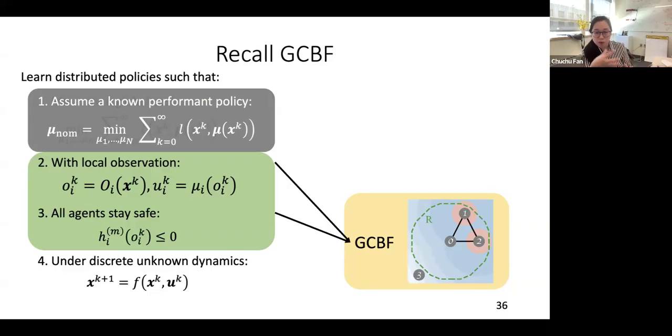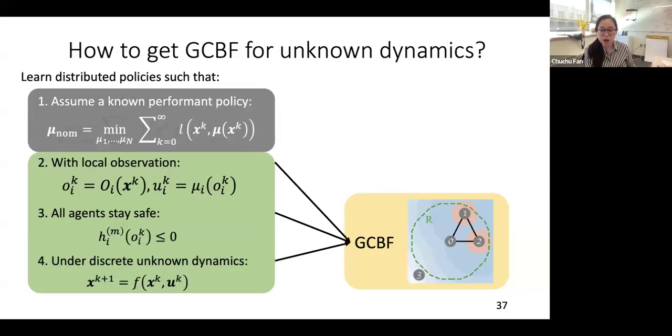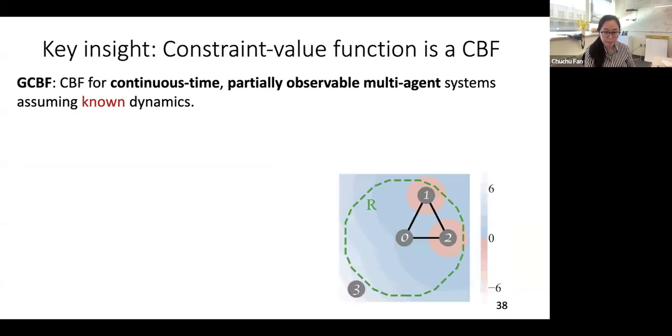GCBF would assume a known policy that is performing the task. It only guarantees safety and makes sure the policies are safe, but it cannot really help you solve the task. And GCBF assumes known dynamics. Now, I'm going to tell you how to extend GCBF to unknown dynamics. And that known performance policy will be given by RL, and we'll get to it very quickly.